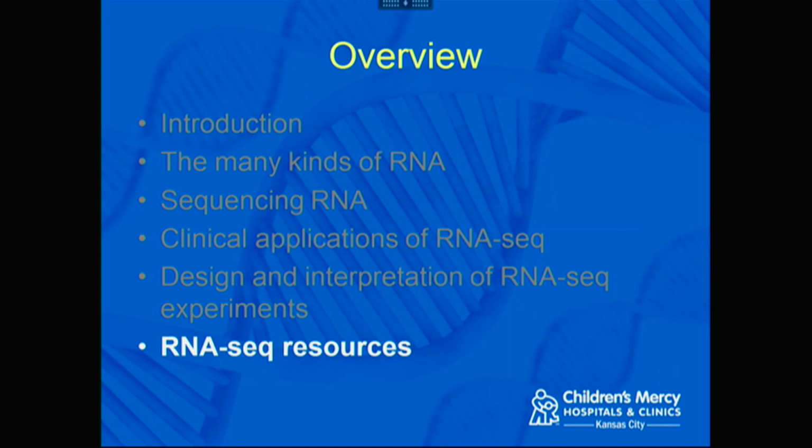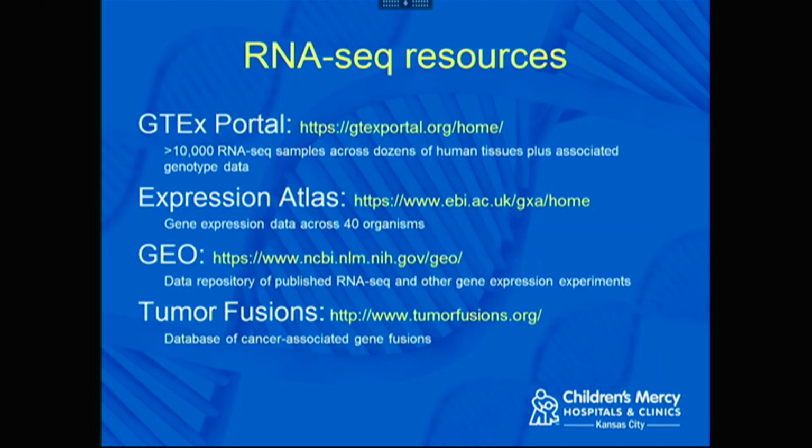All right. Anything else? Nope. All right. So I'm just going to briefly describe some resources you may find useful if you're beginning some RNA-seq experiments or investigation. One is the GTEx portal, which is a huge database of RNA-seq experiments. There are over 10,000 of them currently. These, I think, exclusively come from cadavers.